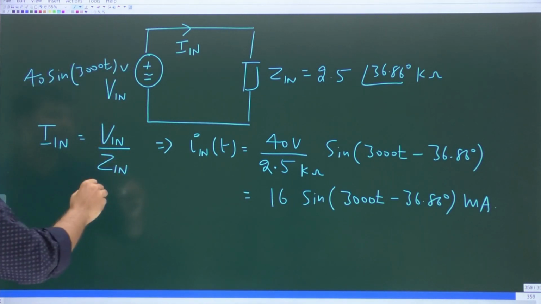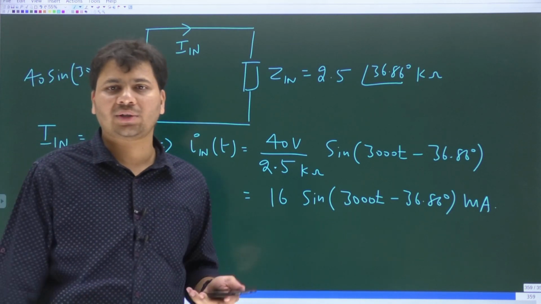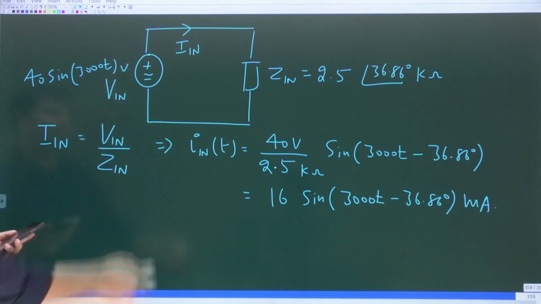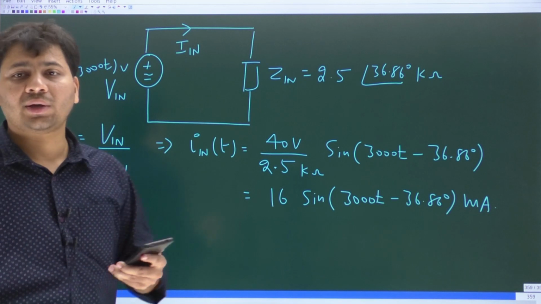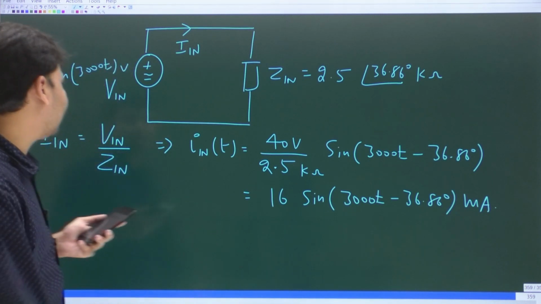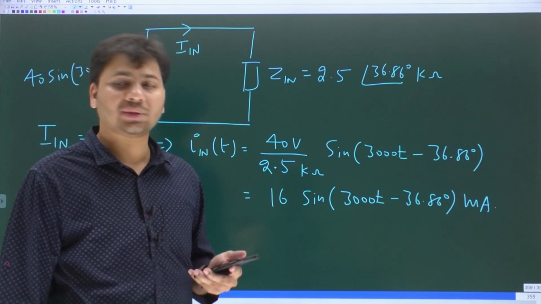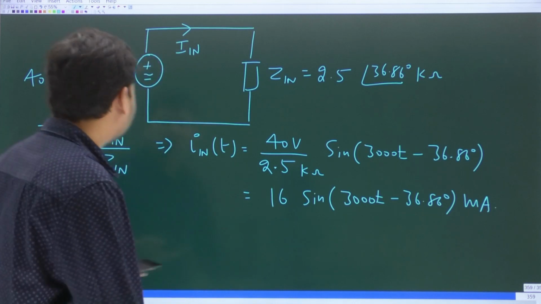Both amplitudes are positive, both are in terms of the sine function. You can simply take the phase difference. The input voltage phase angle is 0 degrees, whereas the input current phase angle is minus 36.86 degrees. Clearly 0 degrees is more than minus 36.86 degrees. So as you all said, input voltage will lead the input current.